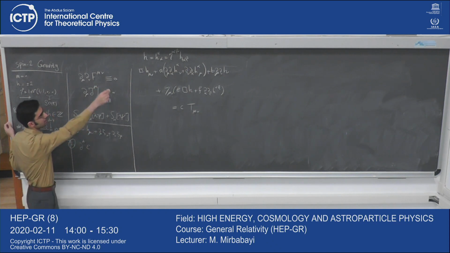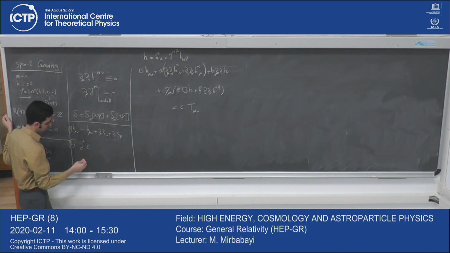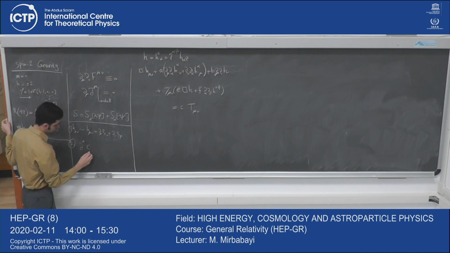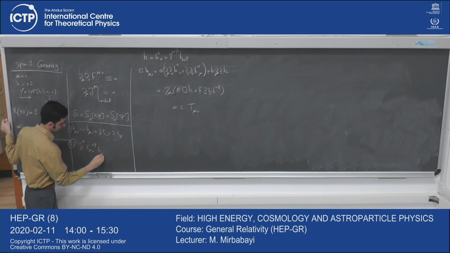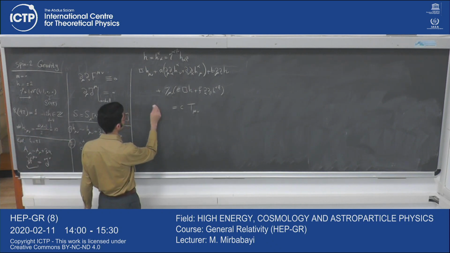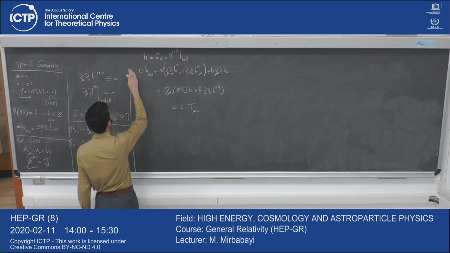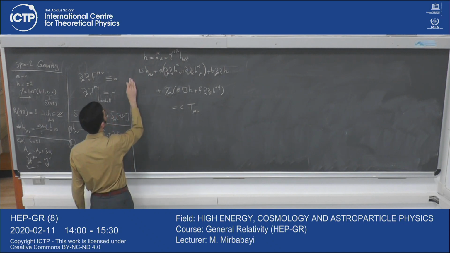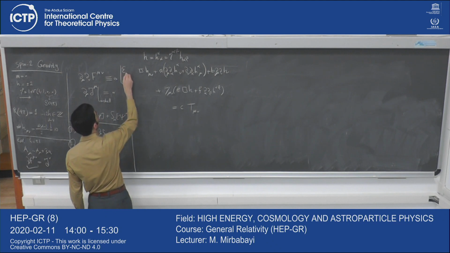So if I write this differential operator, I just use this shorthand for it as epsilon mu nu alpha beta acting on H alpha beta. In fact, let me do this definition here.